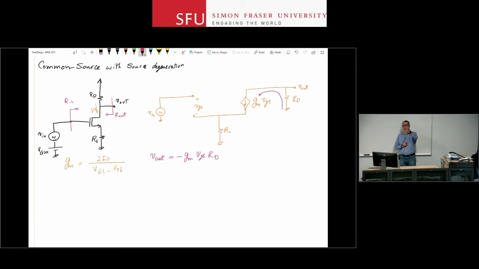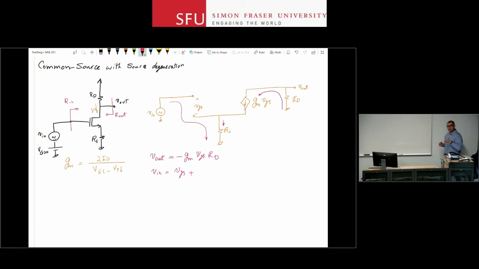Now, I want to find the relationship between V out and V in. I have a relationship between VGS and V out here. So I would like to find next a relationship between VGS and V in. Well, I look at my circuit. A KVL here should give me that relationship. So V in is VGS, the voltage drop across that open circuit, plus the voltage drop across this resistor.